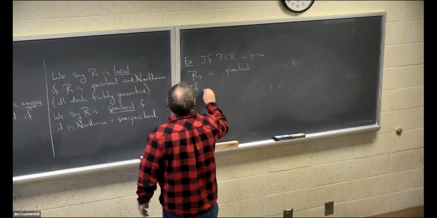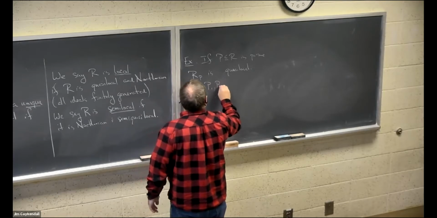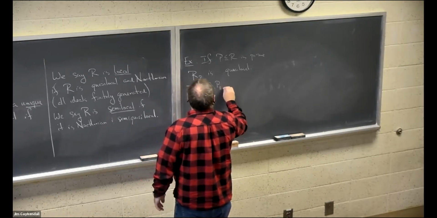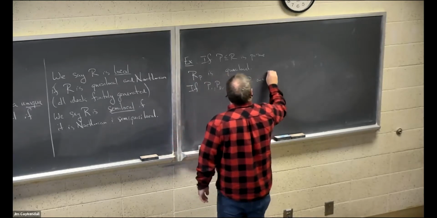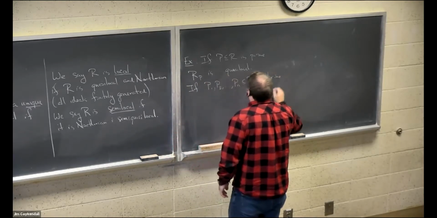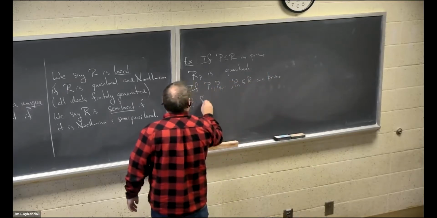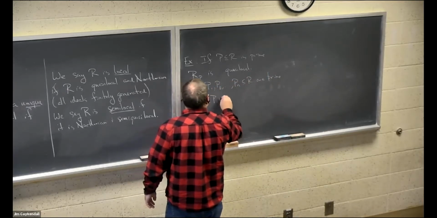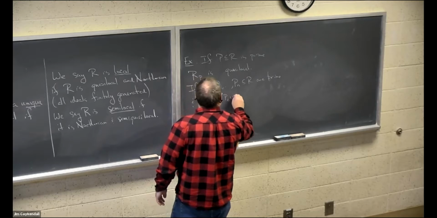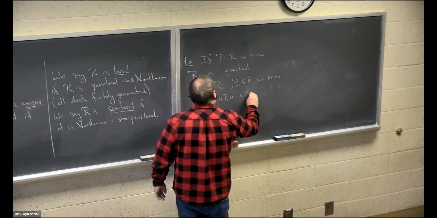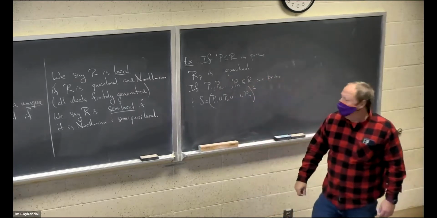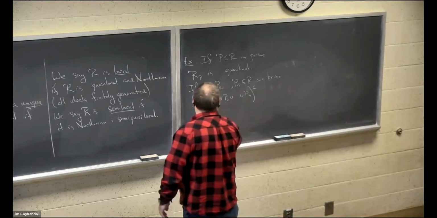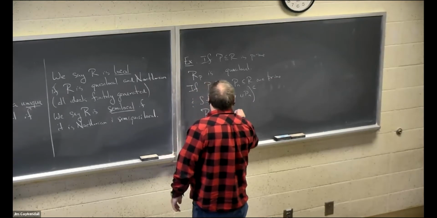If P1, P2, up to Pn is a finite list of primes in R, and S is the complement of this finite list of primes, then R localized at S is semi-quasi-local.